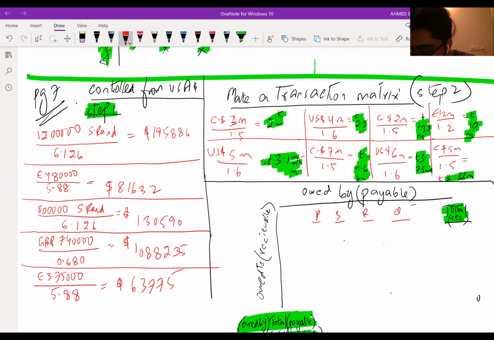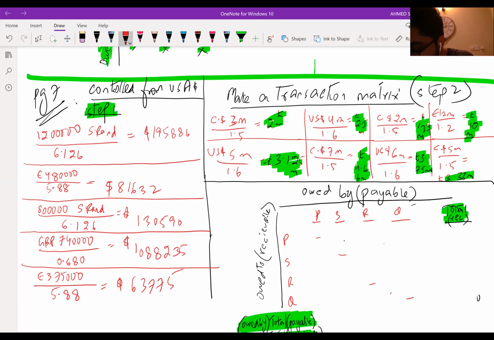The same should come in the columns: P, S, R, and Q. No transaction between P and P, S and S, R and R, Q and Q. They won't trade with themselves. I can't pay and receive from myself.